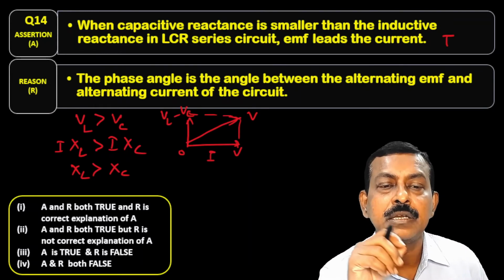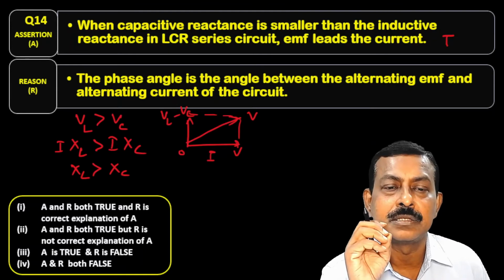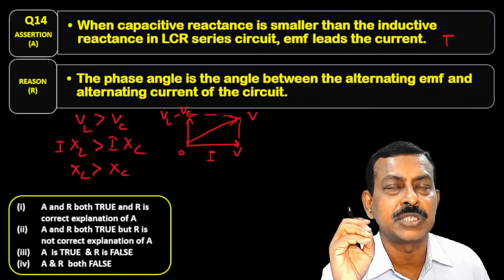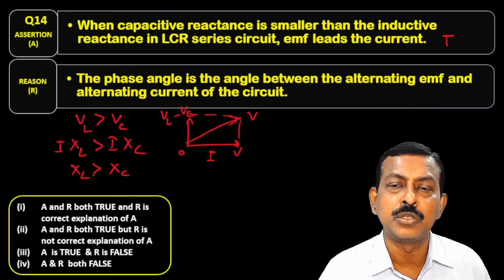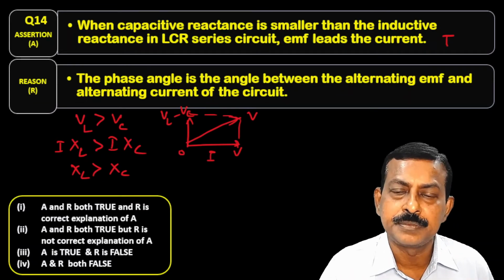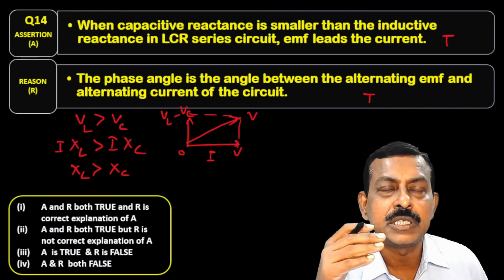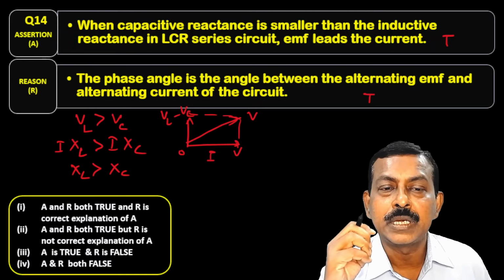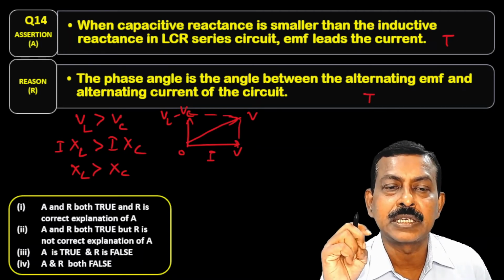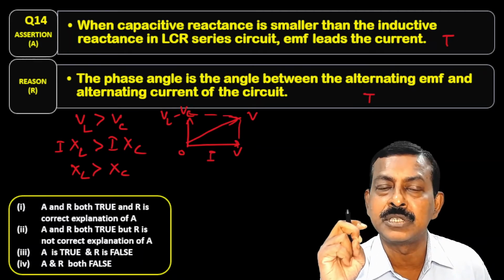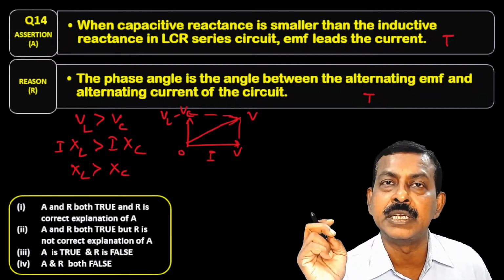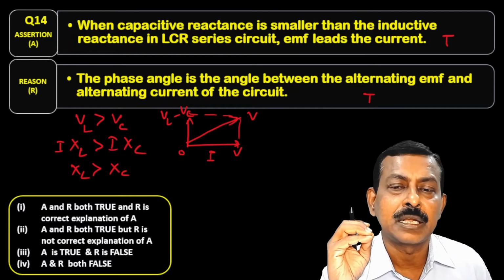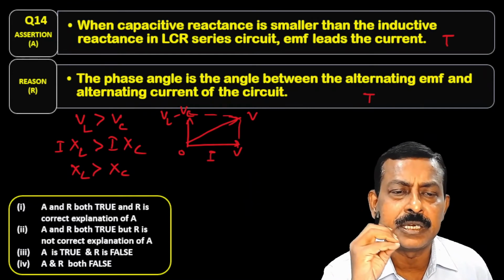And the reason part: the phase angle is the angle between the alternating EMF and alternating current in the circuit. This is also correct. But now let's see the two statements together. The EMF leads current because the phase angle is the angle between the alternating EMF and alternating current.